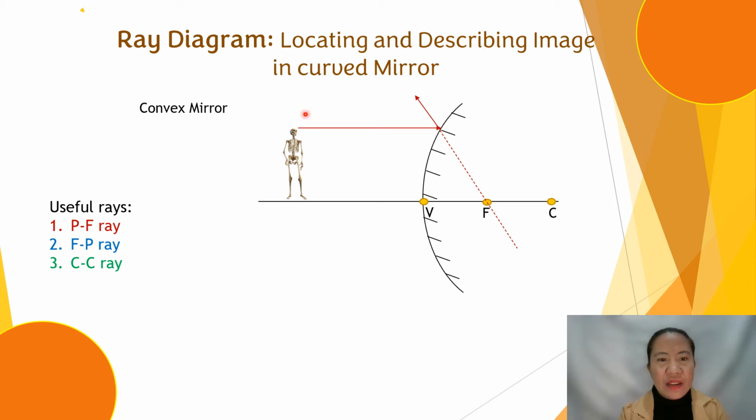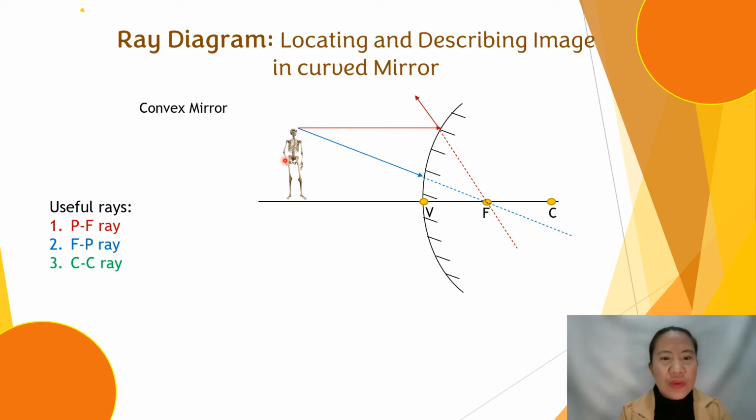And then, another is the FP ray. A light ray from the tip of the object is directed towards the focal point. Then, upon reaching the reflective surface, at that point you have to draw a parallel line, which makes it an FP ray: F, directed to the focal point, and then a parallel ray.